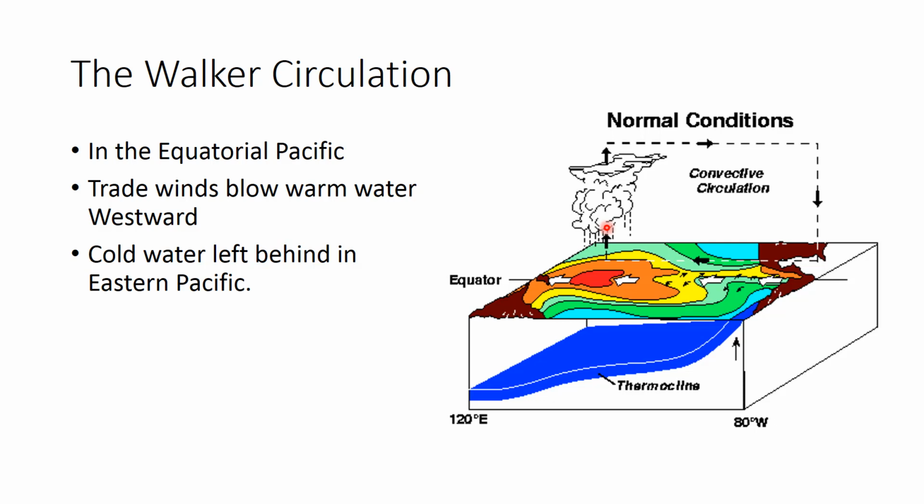What's left behind is this cooler water from below that rises up, and this actually causes the thermocline, basically the boundary between warm surface water and cold deep water, to rise up as well. So in the eastern half of the Pacific Ocean, we end up getting a lot more cool water.